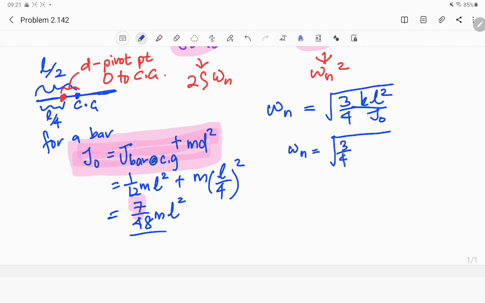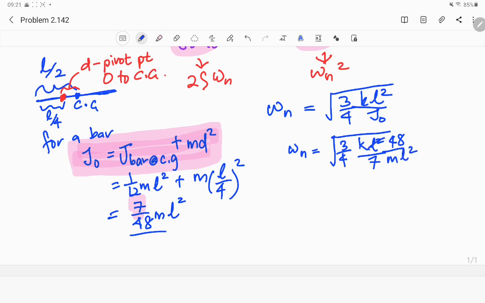Then you substitute into your equation of omega n, so you get the square root of 3/4 KL square, divided by 7 over 48 ml square.